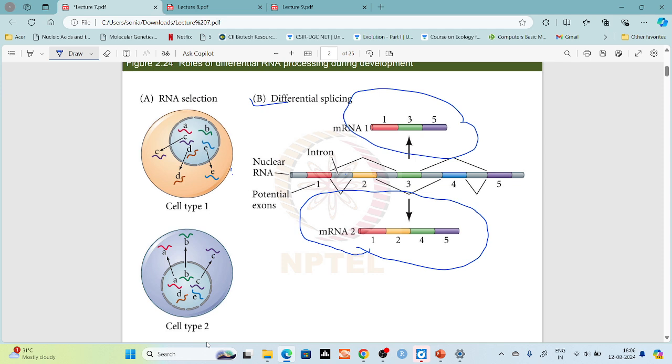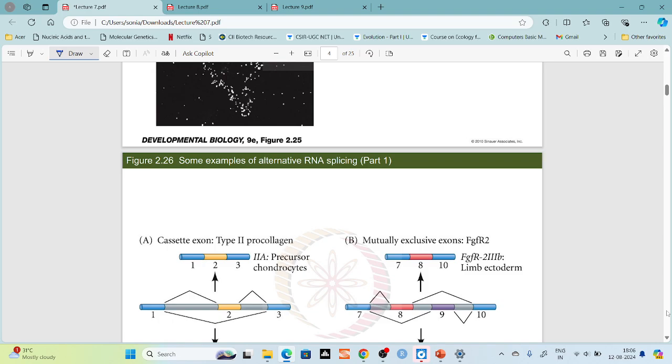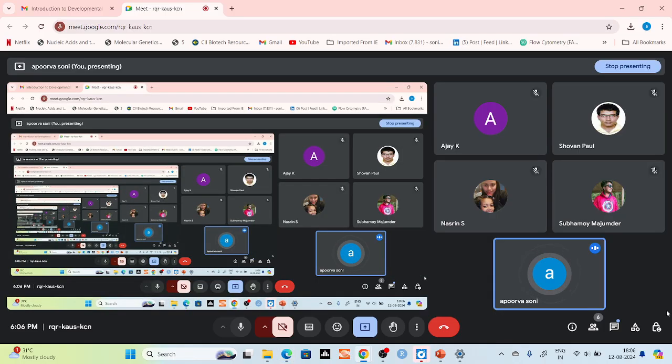Let's say in cell type 1, mRNA B is not needed; it is needed only in cell type 2. The easiest way is to keep this mRNA inside the nucleus, because only once it goes to the cytoplasm will it form the protein and get expressed. So this is a way of differential gene expression through RNA selection and differential splicing. With this little background, now we'll start the questions.